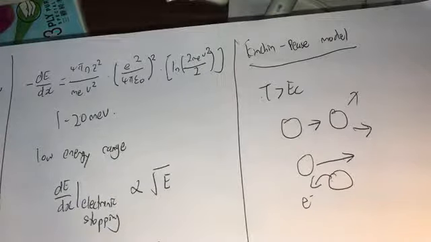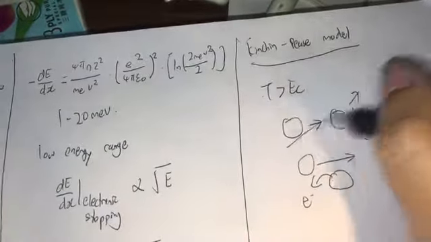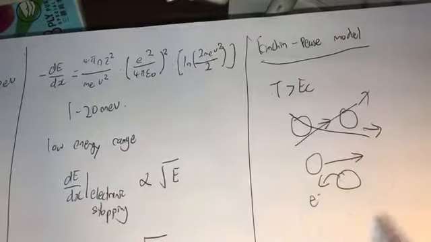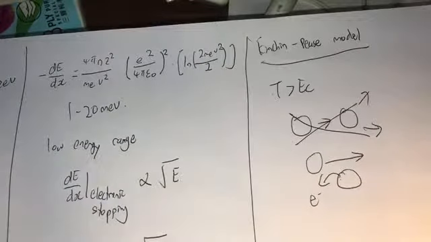However, how do we calculate the displacement per atom for this regime? The simple thing is, we'll just make a very simplified assumption. We'll consider that when T is more than EC, only this electronic stopping effect occurs.